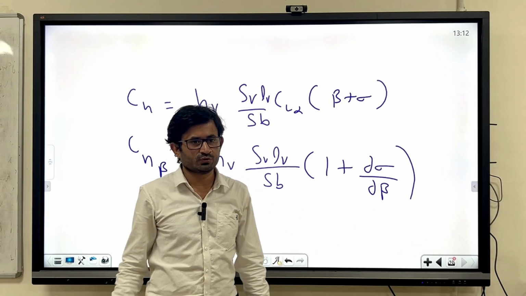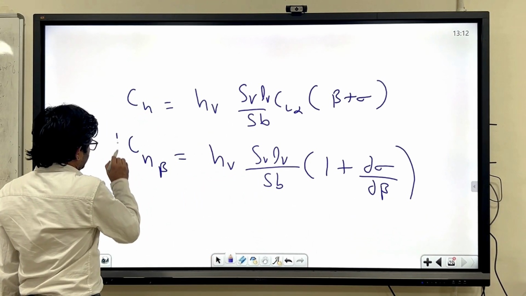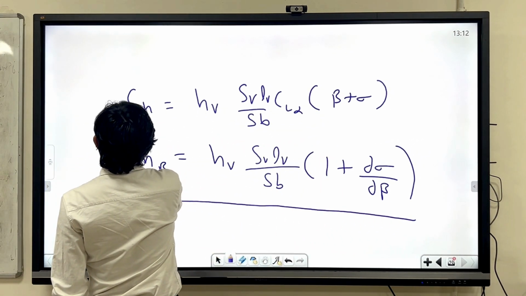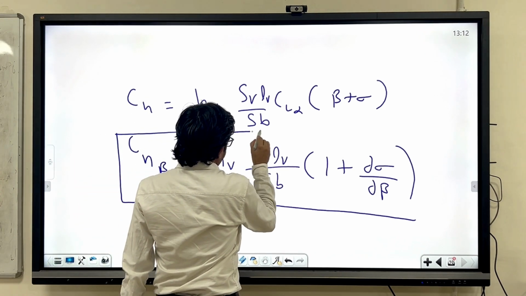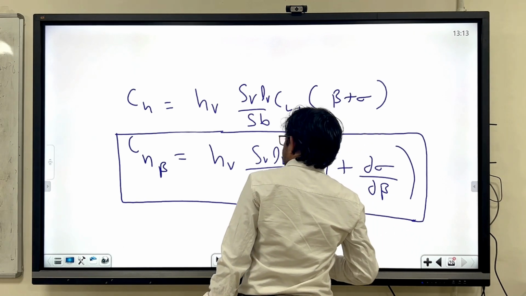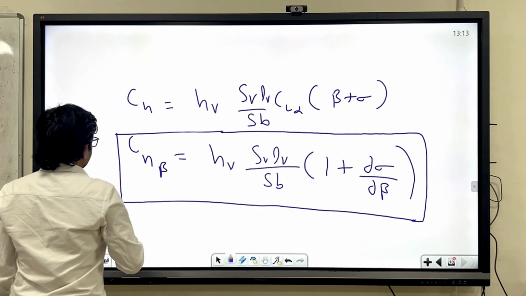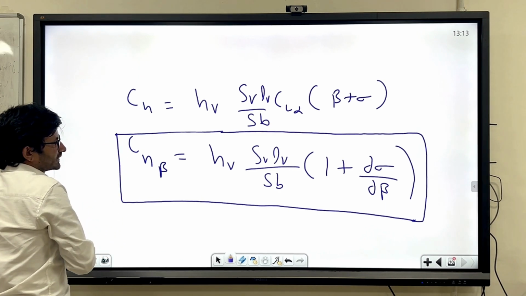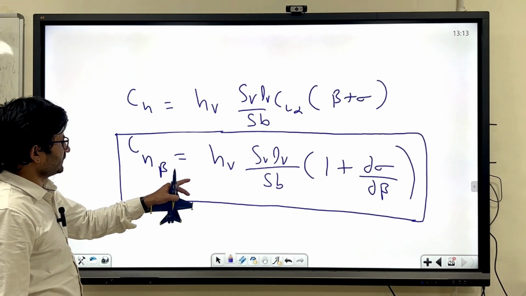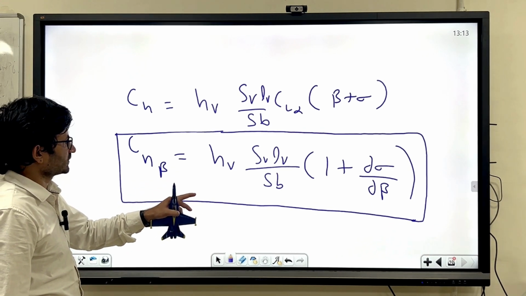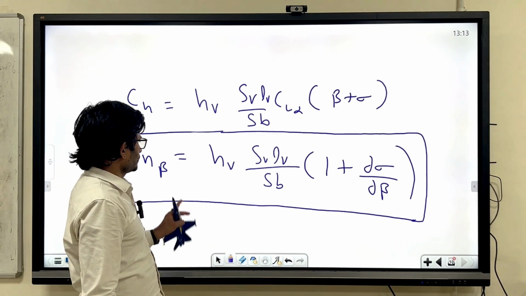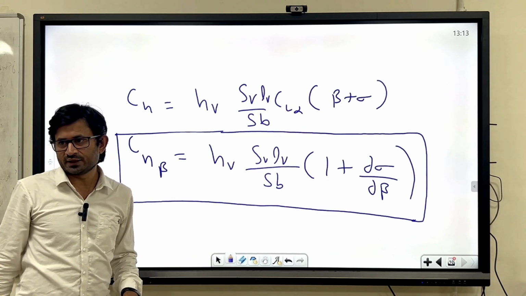I have already given you the reference in the early class, when I gave you the introduction to aircraft design lecture. So Cn beta equals eta V SV LV by SB into 1 plus dou sigma by dou beta. So all the parameters are positive only, right?